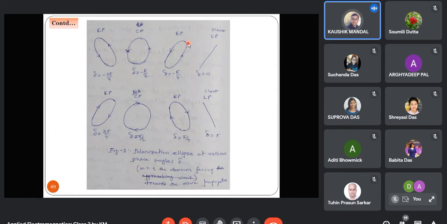So these are the different illustrations for different values of delta. When delta becomes 0 or pi, this is the case of linear polarization. In that case, we have considered a slant linearly polarized wave, not vertical, not horizontal. There is a tilt angle.